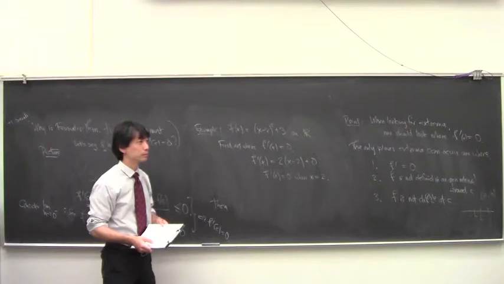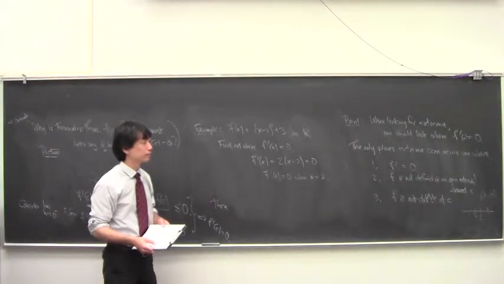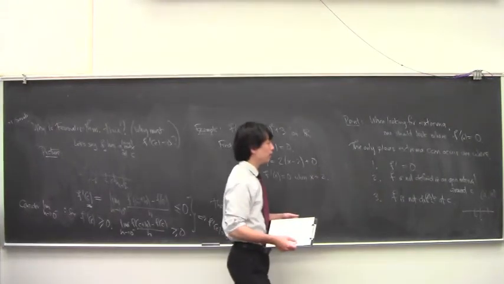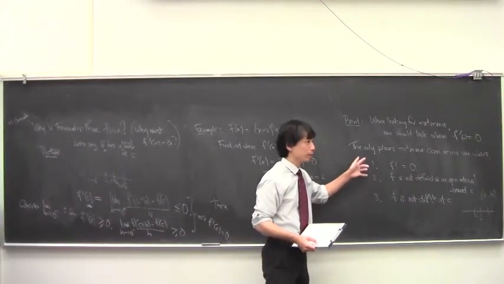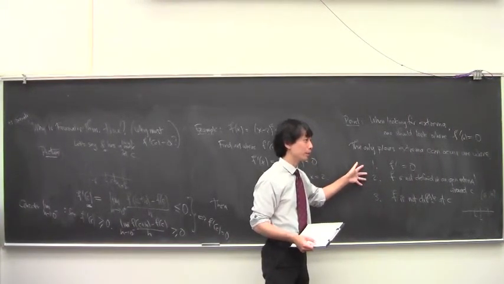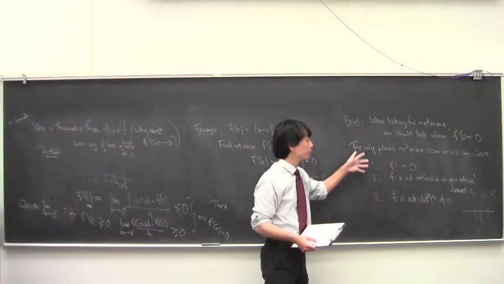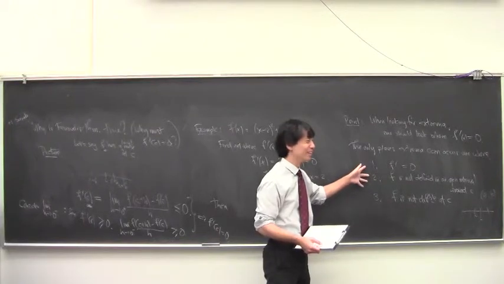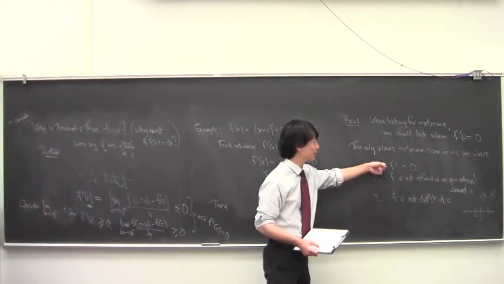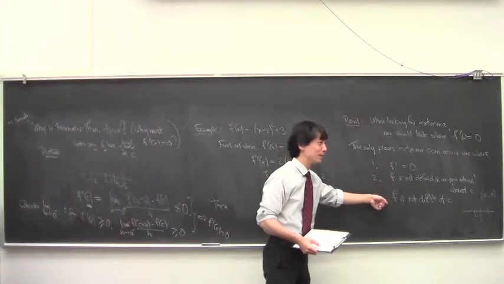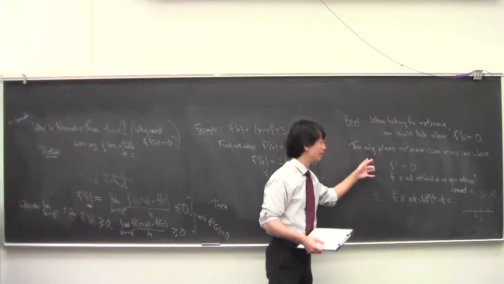An extremum doesn't have to satisfy all 3 of those, it only has to satisfy 1. These are the only sorts of places where extrema will occur, but you just need to fulfill 1, you don't have to fulfill all of them. It's impossible to fulfill all of them, because you can't have the derivative be 0 and the function not be differentiable there. That wouldn't make any sense.